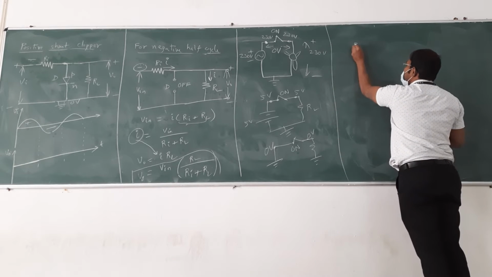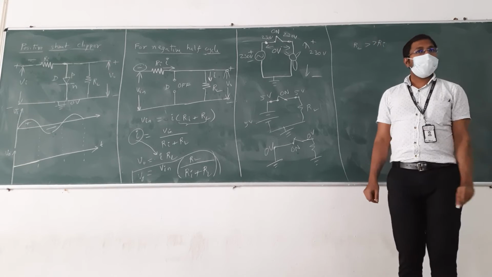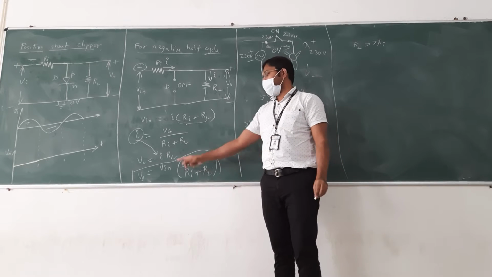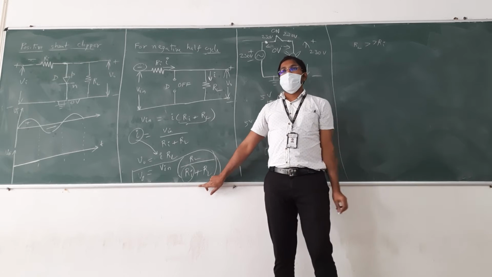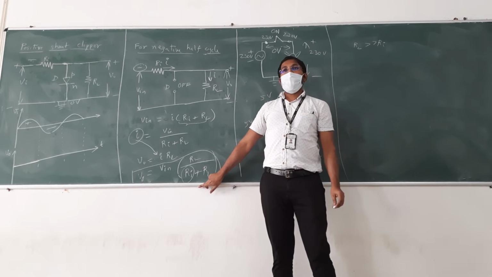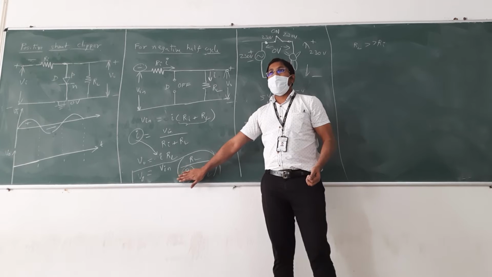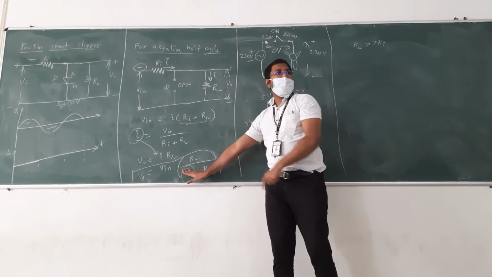Now what happens when R_L is much greater than R_i? When R_L is much greater than R_i, which one can you neglect here? R_i you can neglect. Okay? So take R_i as 0. If you take R_i as 0, R_L by R_L will cancel.